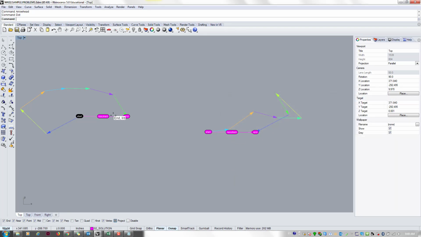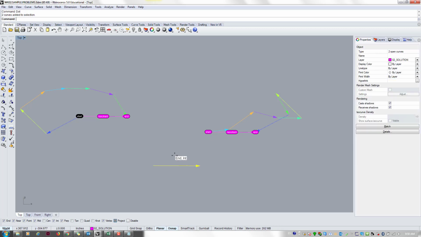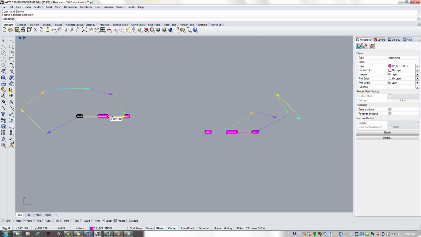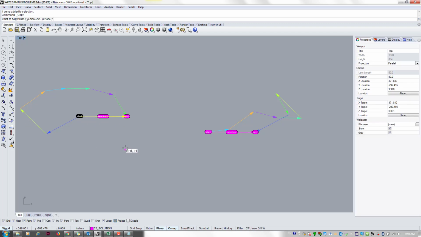Just to demonstrate that these two are exactly the same, if I copy this on top of each other, they are identical, right? No matter what the order is, it's going to be the exact same direction and magnitude.